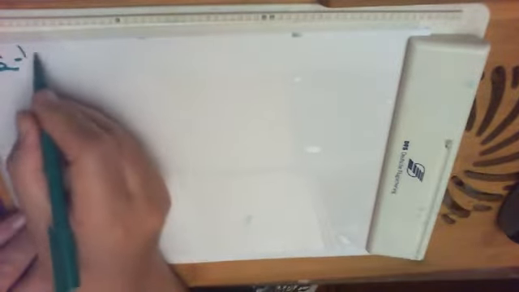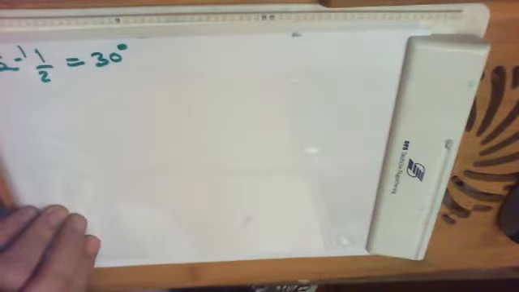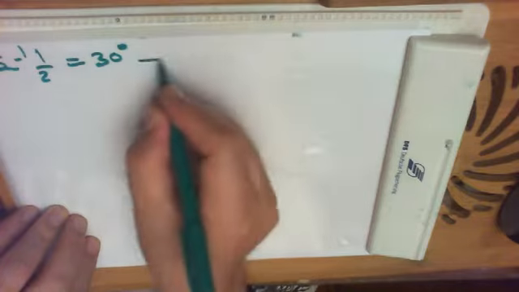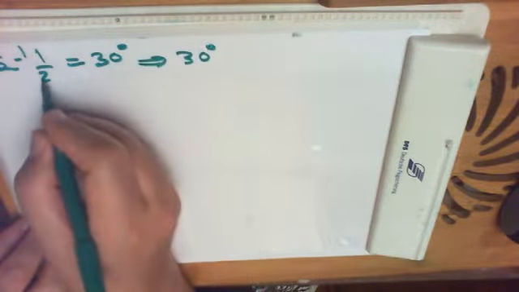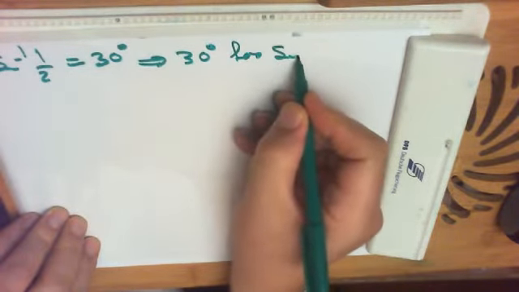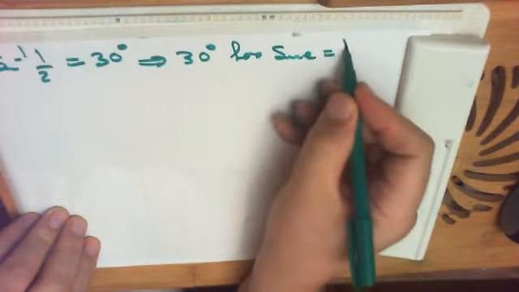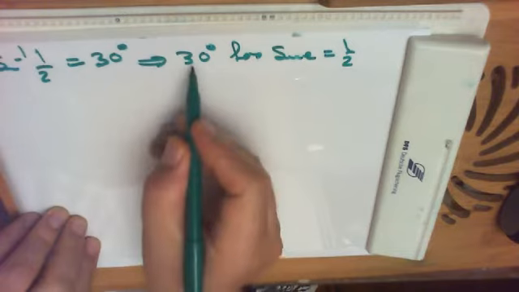We have already studied in a previous lecture that sine minus 1 of half equals 30 degrees. Or in other words, the angle 30 degrees has sine equals half, or the sine of 30 is half.